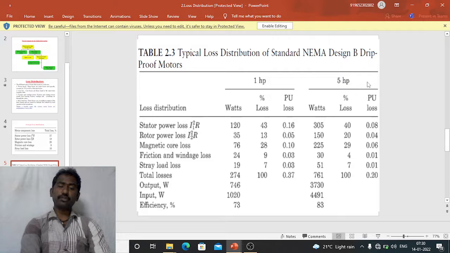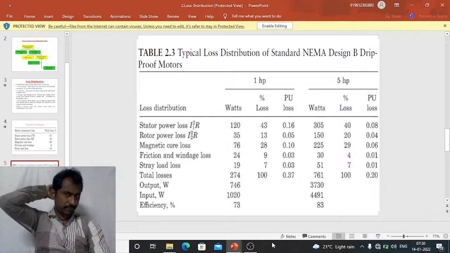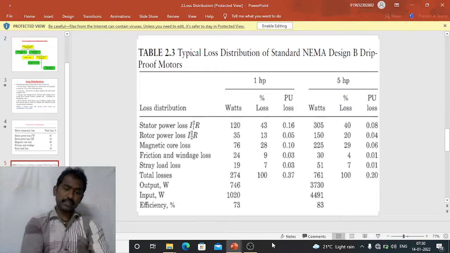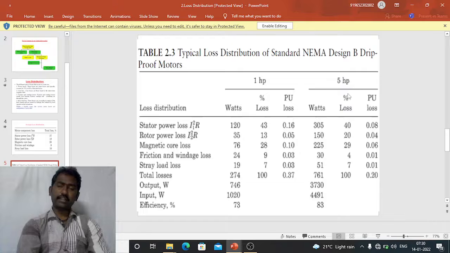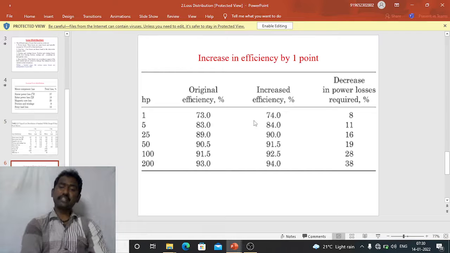Compared on those losses, the efficiency for 1 horsepower is 73%, and for 5 horsepower the efficiency is 83%, and the losses are also less. That means as the horsepower increases, the efficiency increases.